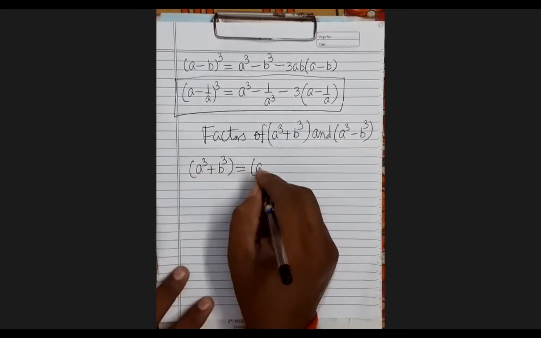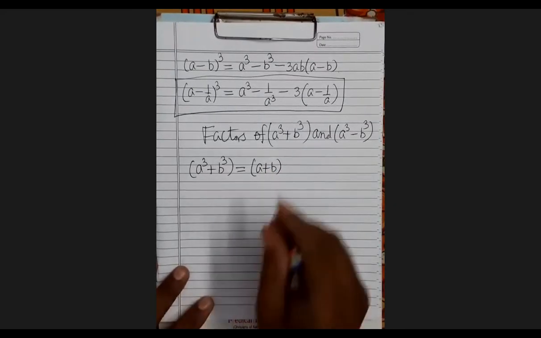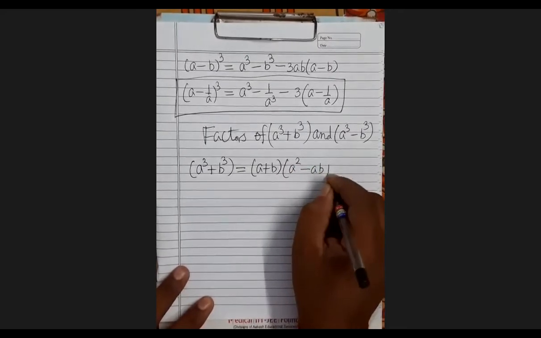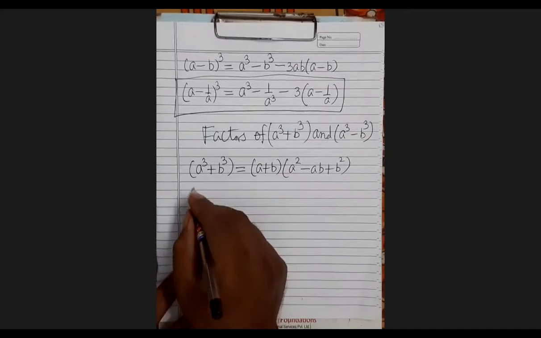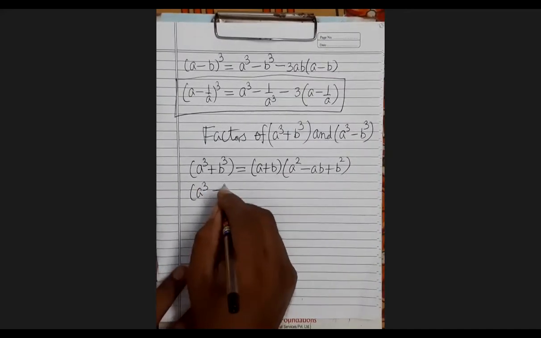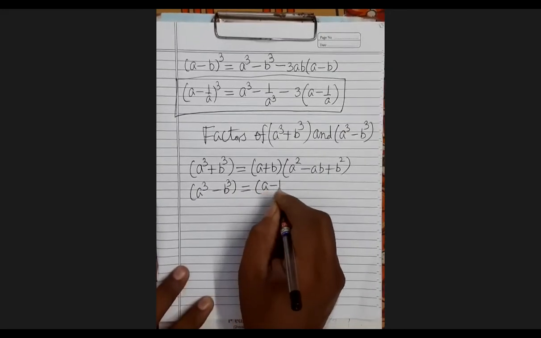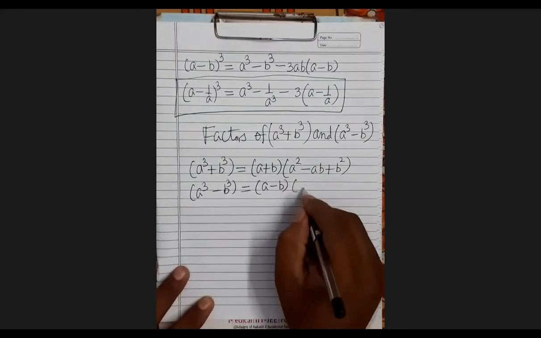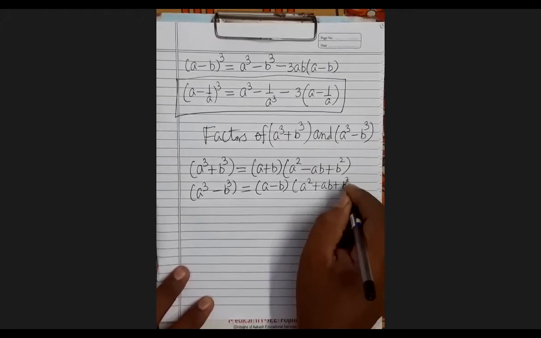In one bracket, there will be A plus B, and in the other bracket, A square minus AB plus B square. Then A cube minus B cube: in one bracket there will be A minus B, and in the other, A square plus AB plus B square.